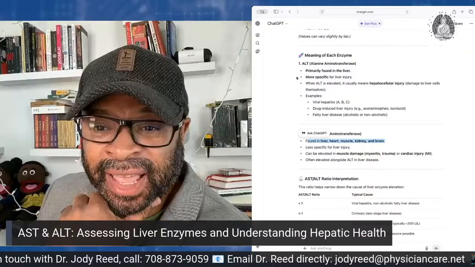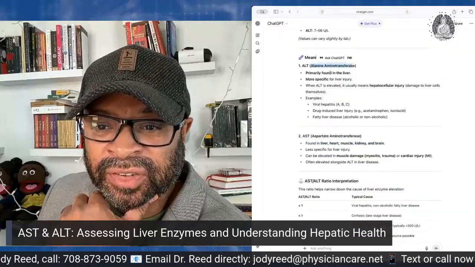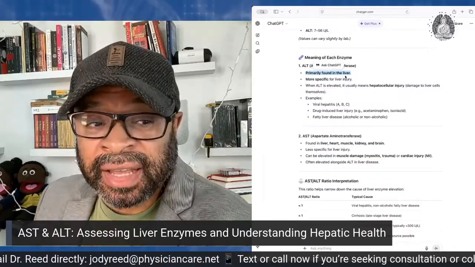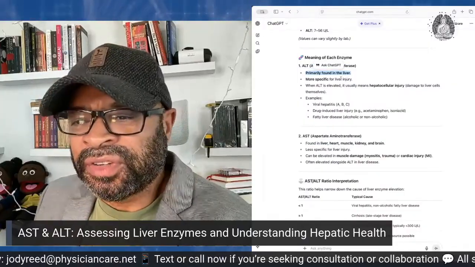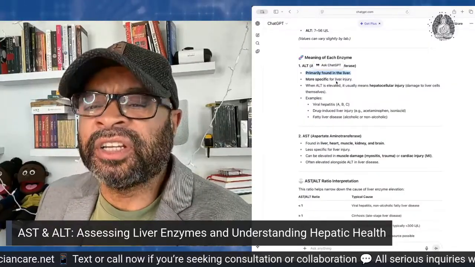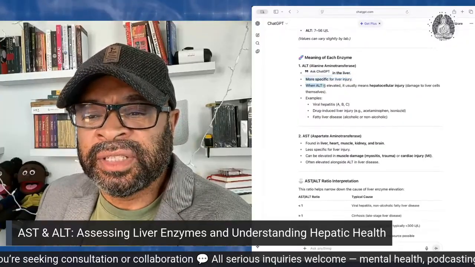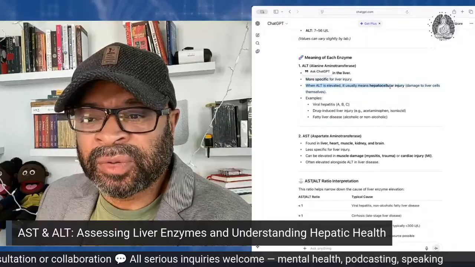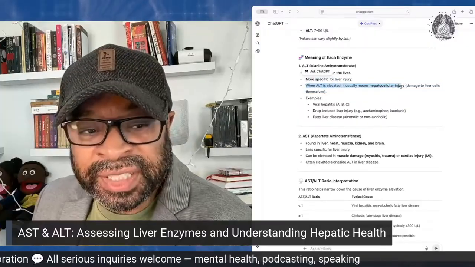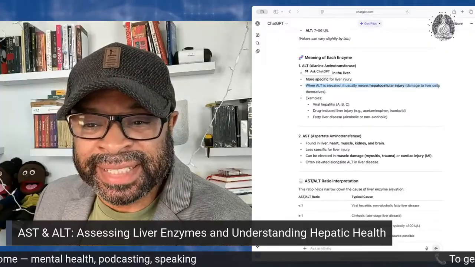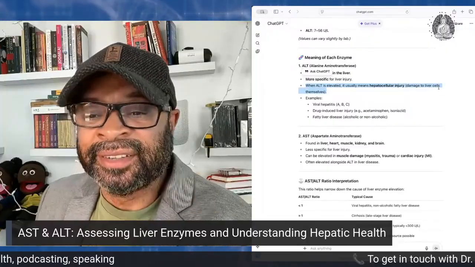So ALT is specifically for the liver. When you see that elevated, then you know for definite you've got some hepatocellular injury, right? So more specific for injury is when ALT is elevated, it usually means hepatocellular injury, that is damage to the liver cells themselves, right?